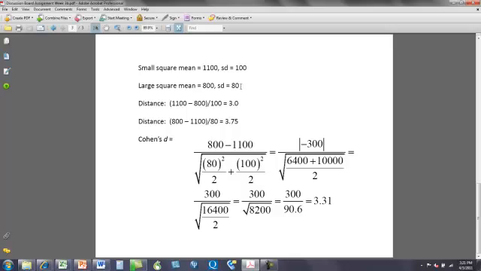What we do care about is knowing what you use as a reference point. Did you use the standard deviation of the large squares, or did you use the standard deviation of the small squares? And this is a very important issue later on when we're comparing groups. We might have a group that is what we consider a normal group, and then we do something to it.